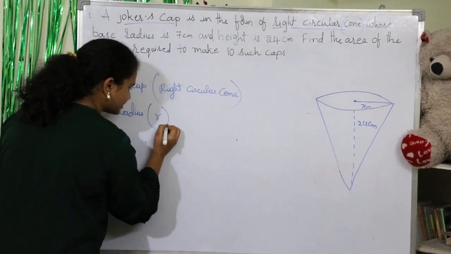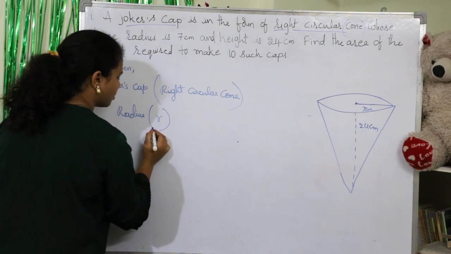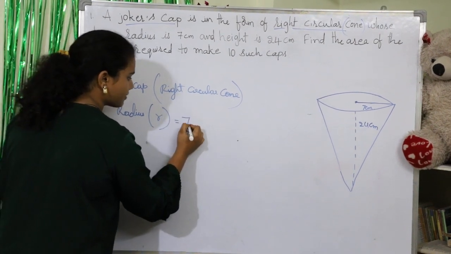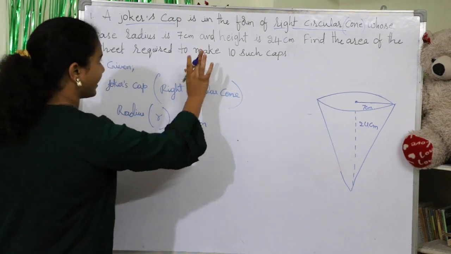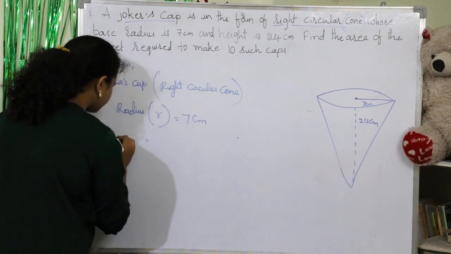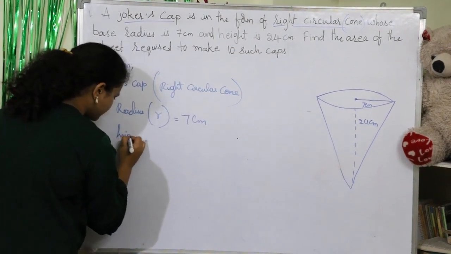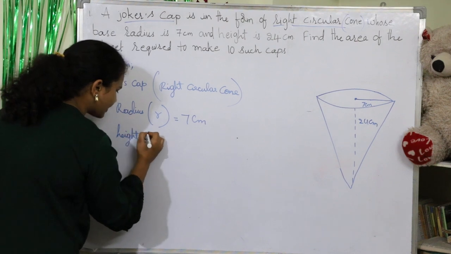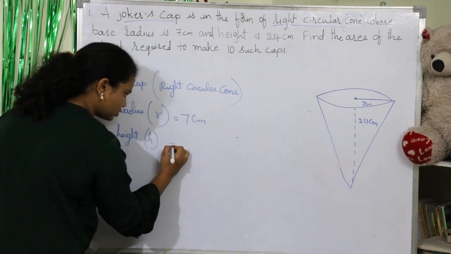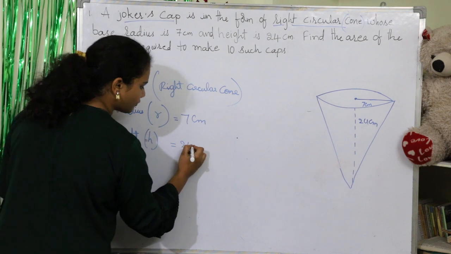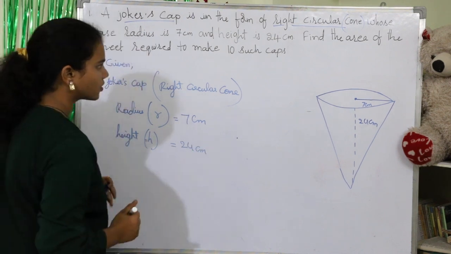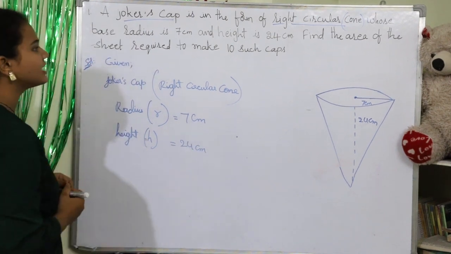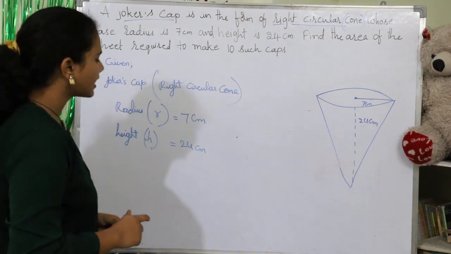Radius is usually represented by the symbol r, so r equals 7 centimeters, and the height h equals 24 centimeters. Now the question is, find the area of sheet required to make 10 such caps.